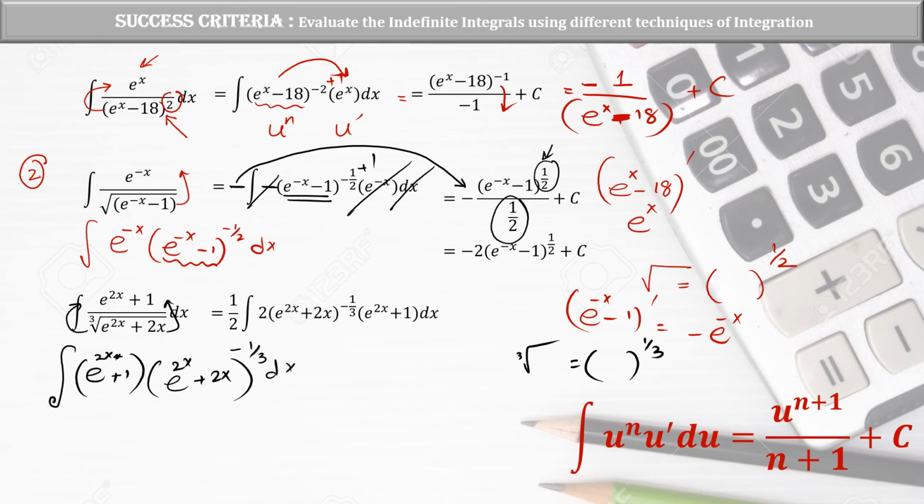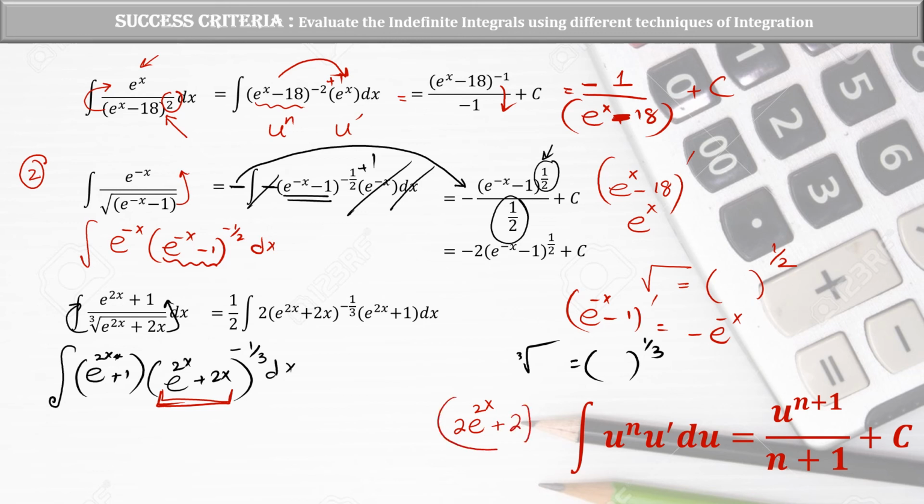Now look at the composite function's inner function, this one, and check the derivative of e to the power 2x plus 2x. The derivative of e to the power 2x is 2e to the power 2x by the chain rule, plus the derivative of 2x, which is 2.